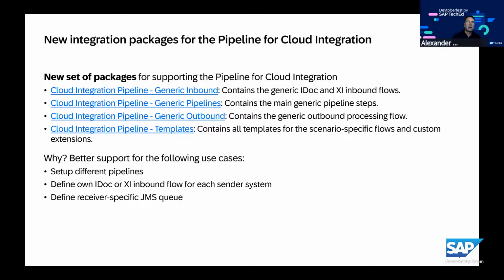So we decided to split up the integration flows into 4 different packages. Now we have one generic inbound package, which contains just 2 integration flows, the generic IDoc and the generic XI inbound. We have the pipeline itself, those are the main generic pipeline steps. And then we have one package which has a generic outbound, right?